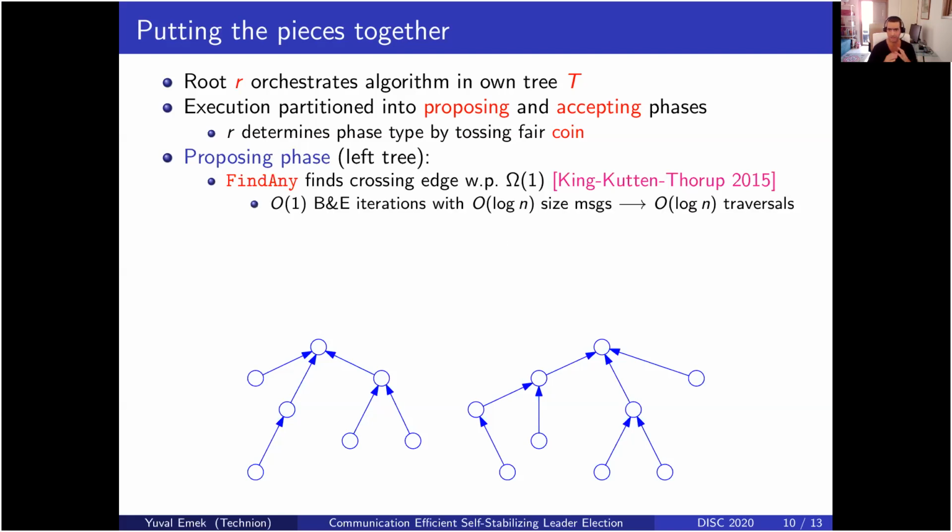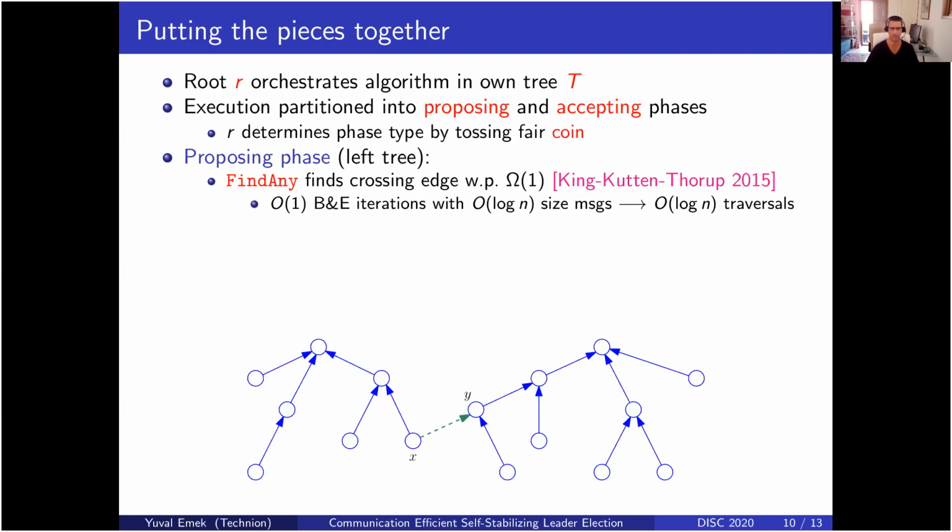Now, King et al. implement this procedure using a constant number of broadcast and echo iterations over the tree, using messages of a logarithmic size. This can obviously also be implemented using a logarithmic number of broadcast and echo iterations using constant size messages, and therefore we can implement it using order of log n traversals of our tree, piggybacking the broadcast and echo messages over the tokens.